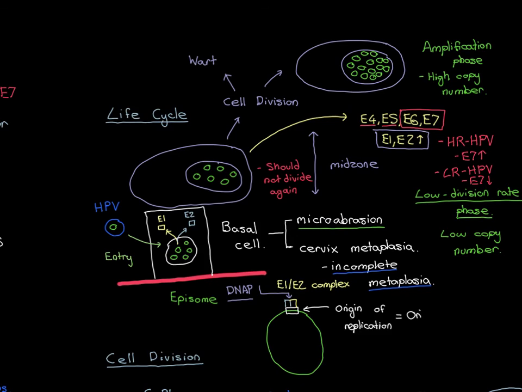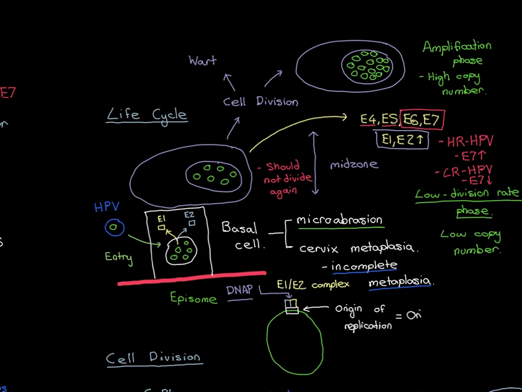So overall, the E7 protein of the high-risk HPVs is much better at doing its job than those of the low-risk HPVs. So that's already giving us some understanding as to why the high-risk HPVs are so high risk for developing cancer, and the low-risk ones are less high risk for developing cancer. But don't worry, we will spell that out later on. Just take this as a little fact for now.